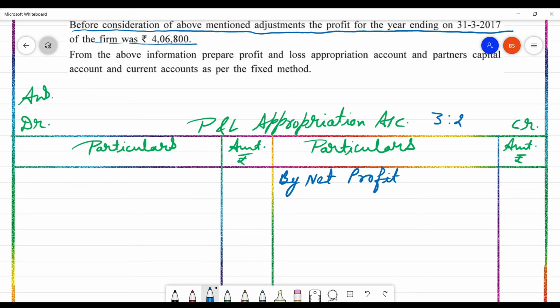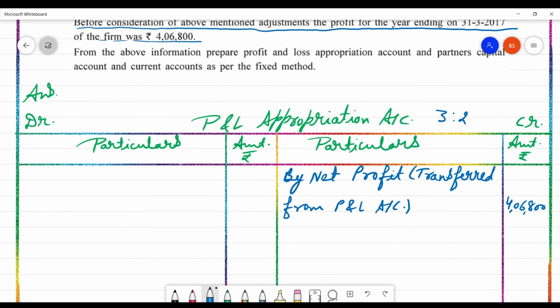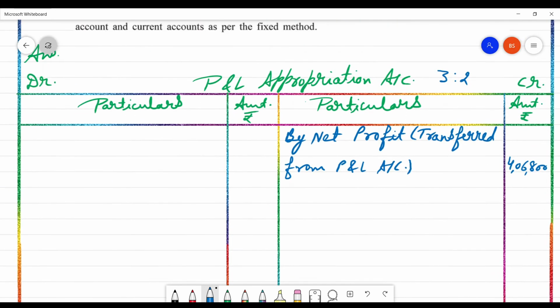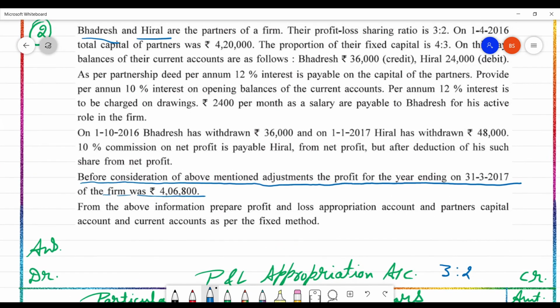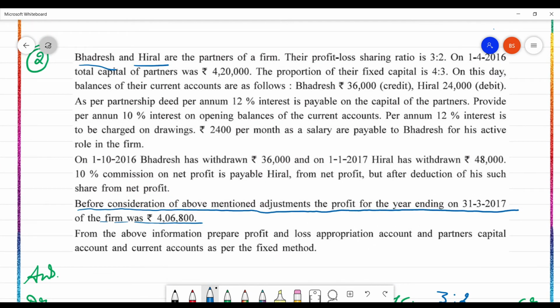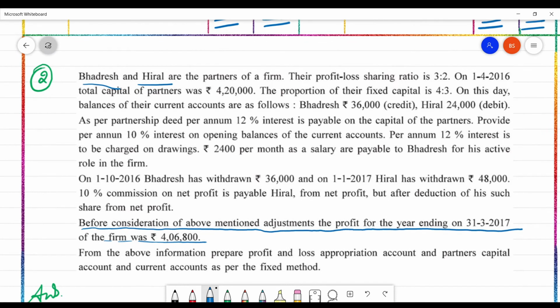In the bracket, transferred from P&L account, amount 4,06,800. After that, we will put capital balance, and this is given on 1st April 2016.